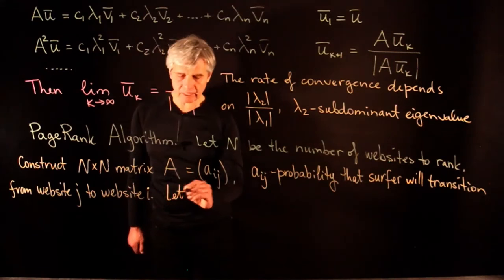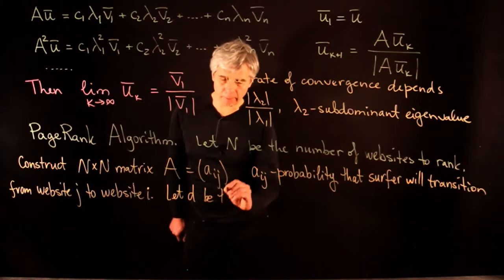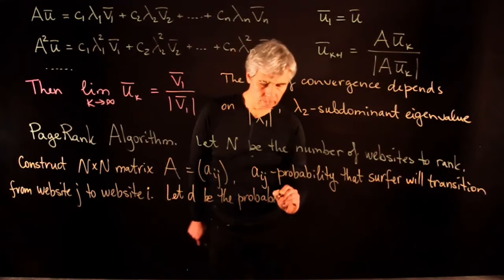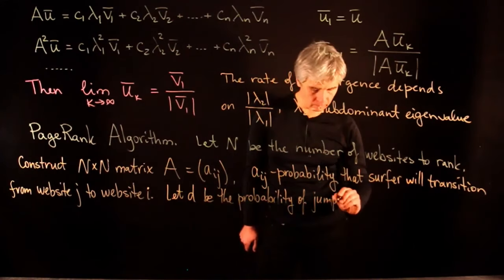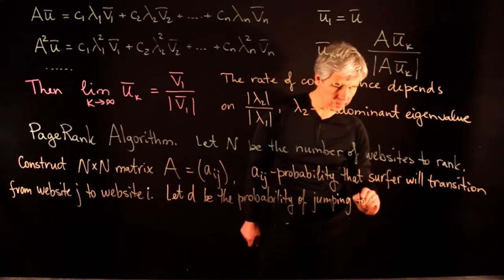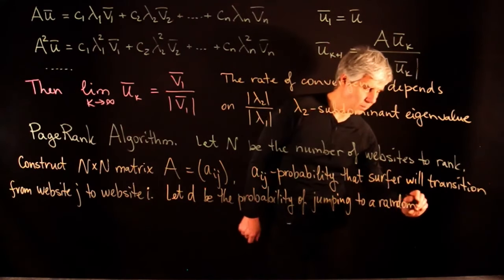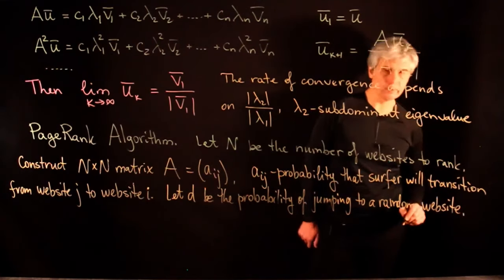Let d be the parameter that describes the probability of jumping to a random website instead of following a link.